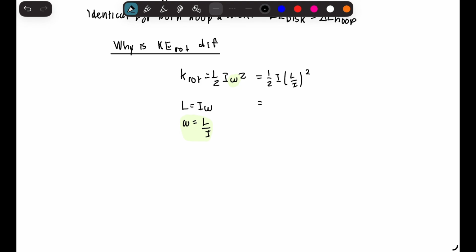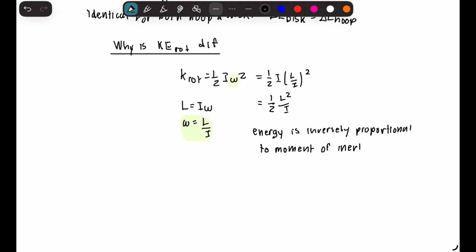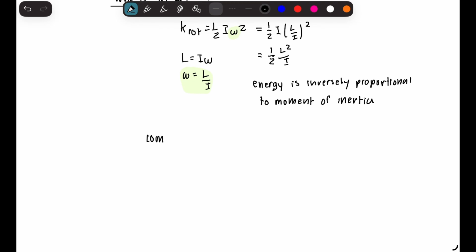So this is going to equal 1/2 L squared over I. That means that energy is inversely proportional to the moment of inertia. Now, after this, we can compare the moments of inertia.